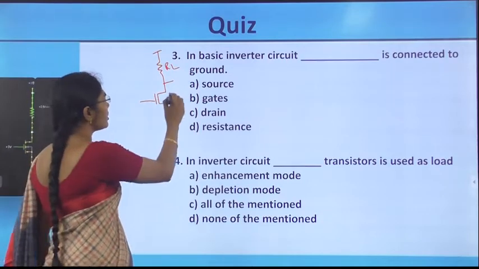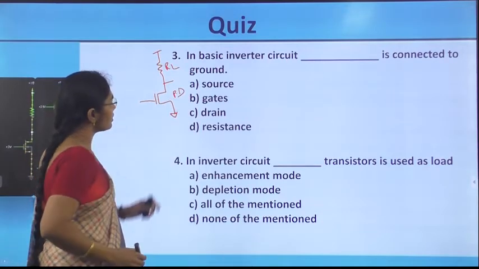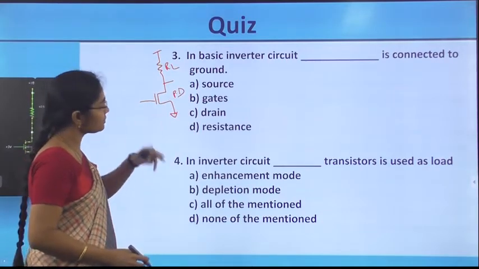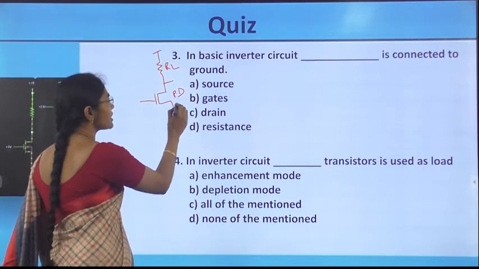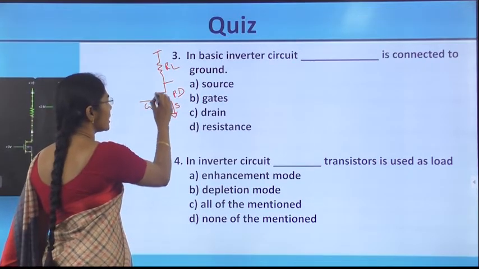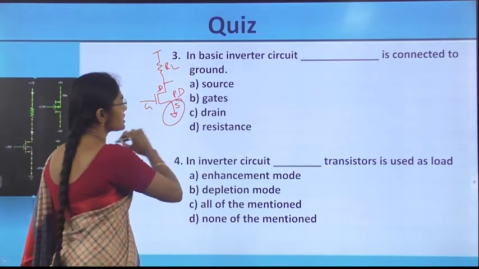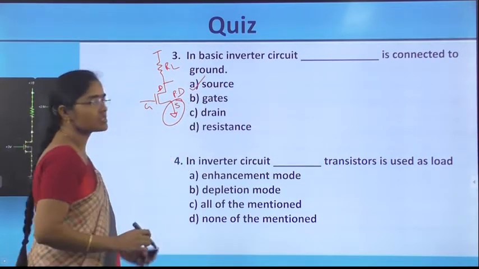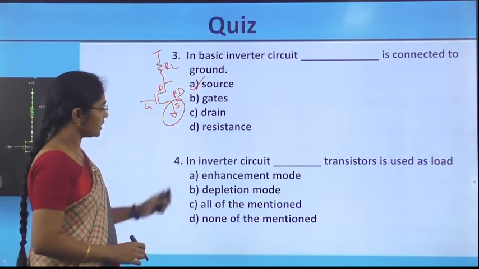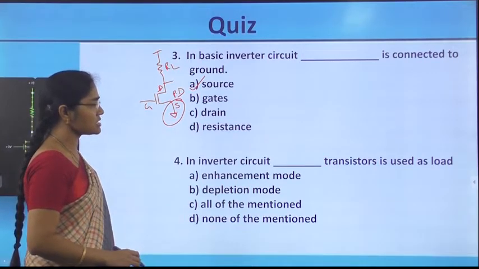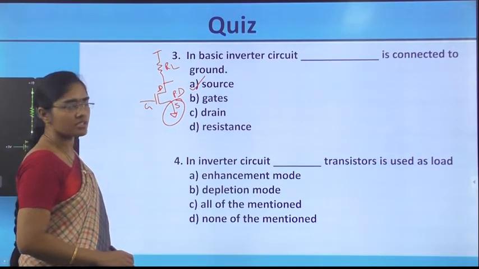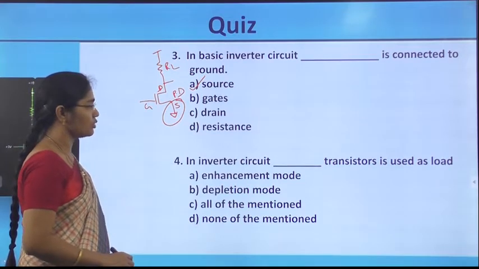The pull-down device is connected to ground, and in the pull-down device, NMOS is used. In particular, in the NMOS, which terminal is connected? Source, gate and drain are connected like this. Therefore, the source is connected to the ground. So the answer is source.